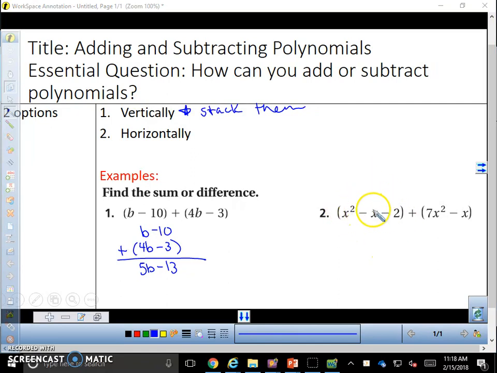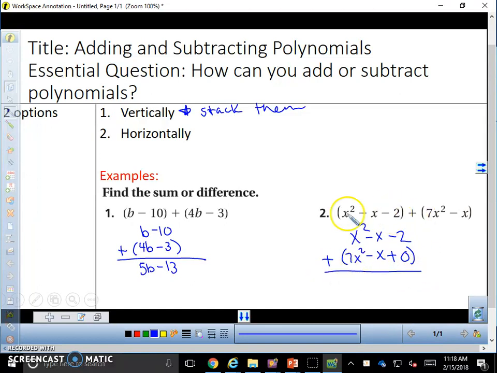Okay, again, stack them. x squared minus x minus 2 plus 7x squared. x squared and 7x squared are like terms, minus x and minus x are like terms, and there is no constant, nothing without a variable.